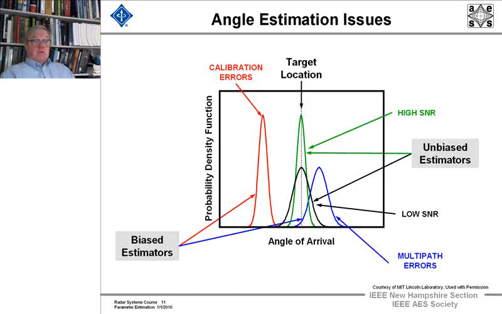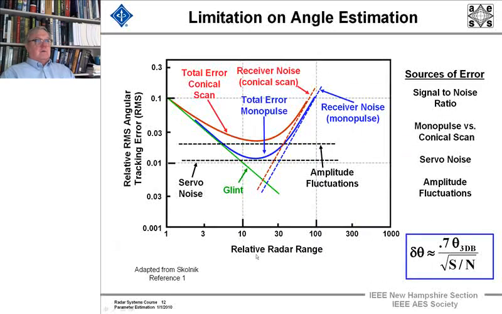And a low signal-to-noise ratio measurement will give you a poorer or broader probability density function for the angle of arrival. And of course, this sort of defines the different kinds of estimation issues that will come up and we'll be talking about.